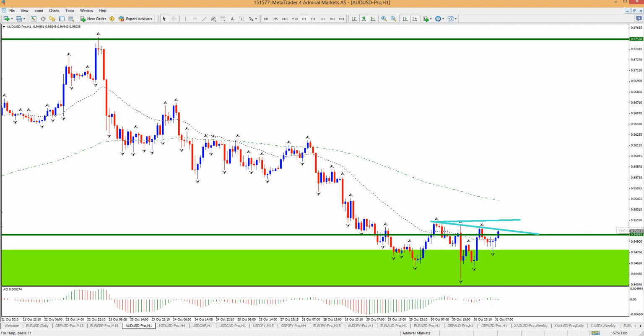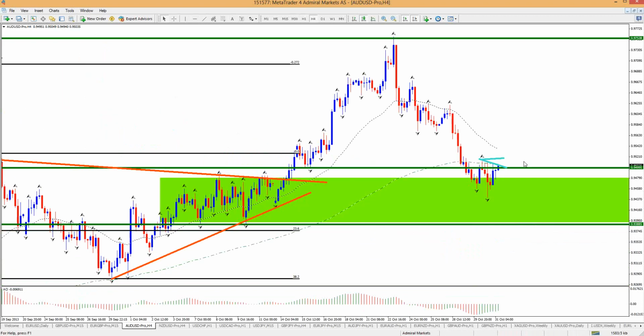Maybe an inverted head and shoulders as well, like that. Potential. Anyhow, a break above this is needed for a breakout trade to the upside, probably, to try to continue with that AUD USD. Maybe to retrace part of this, who knows?